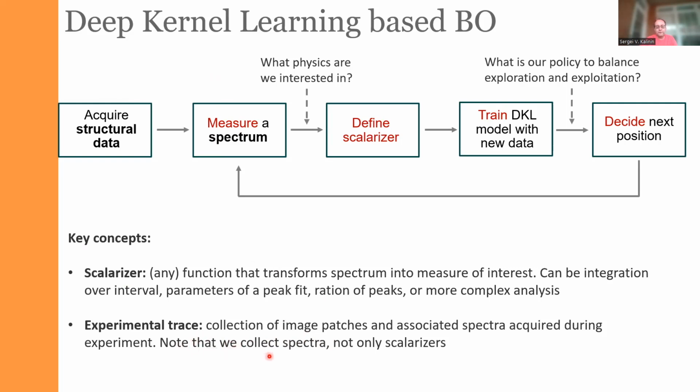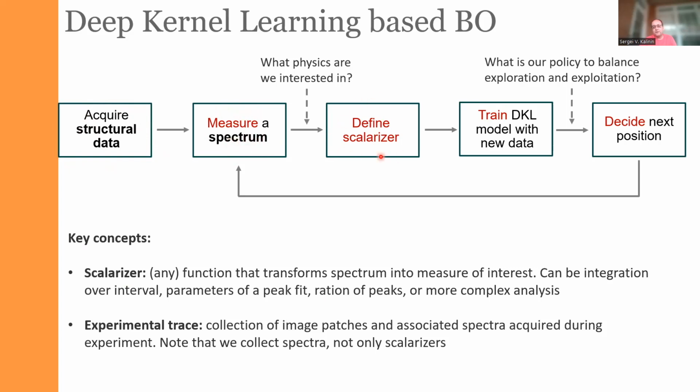One important thing here is that we collect spectra, but not only scalarizers. So again, this concept can be extended for other exploratory problems. For example, this can be picking the molecular structure out of the structure collection, and rather than measuring a spectrum, you can use DFT to calculate the properties that you're interested in.